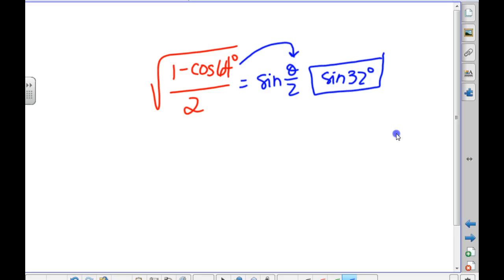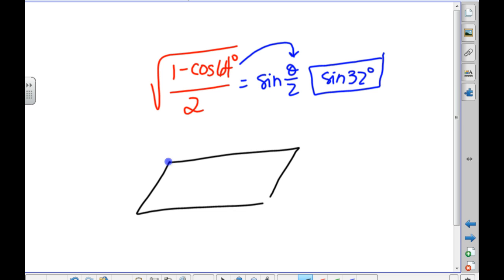One is a parallelogram. So you have to find one of the diagonals, okay? So what you need to remember is, I'm just going to make something up here. If this is 30 degrees, then this is 150 because those are consecutive interior angles.